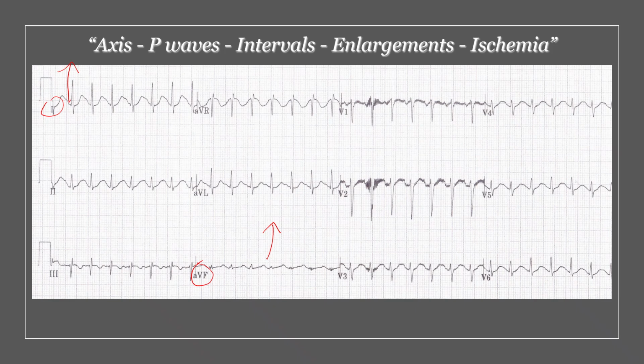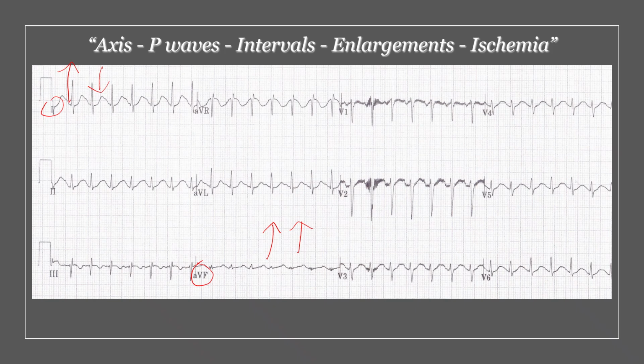That's a normal axis. If the complex in lead 1 is pointing down and in lead AVF is pointing up, this means that my right hand's up, that's right axis deviation, and vice versa. If my left hand's up and my right hand's down, that's left axis deviation.